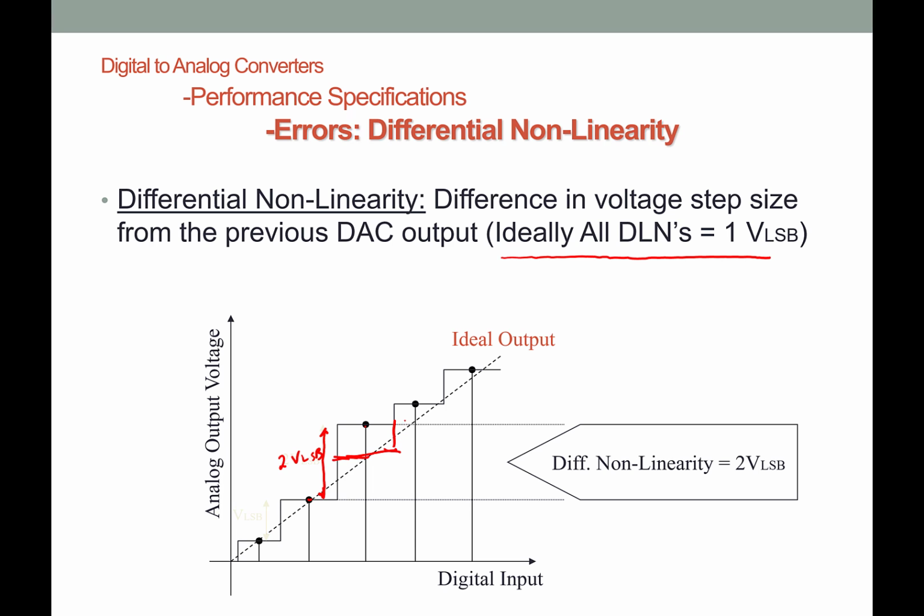So the difference between each jump here should always be VLSB. This is telling us what can happen if that's not the case and we have the nonlinearity of one of them having two. And typically you would guess that your error would be more like this. So not only is this bit messed up, this bit is also messed up.